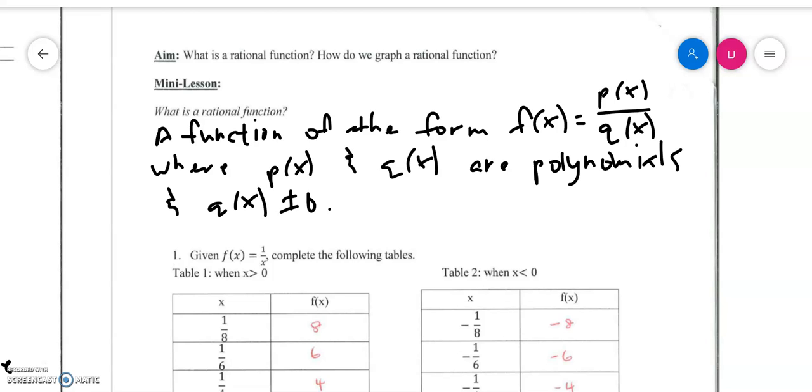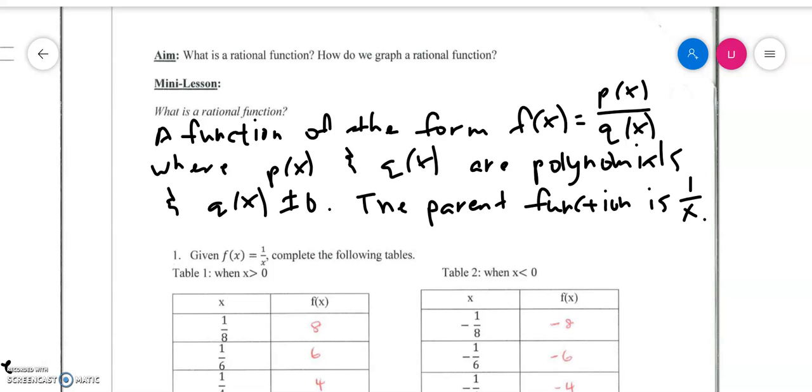The parent of rational functions, that means the most basic rational function, is the one you worked with yesterday. The parent function is 1 over x. So there's our definition for rational functions.